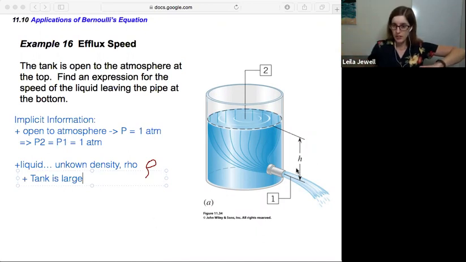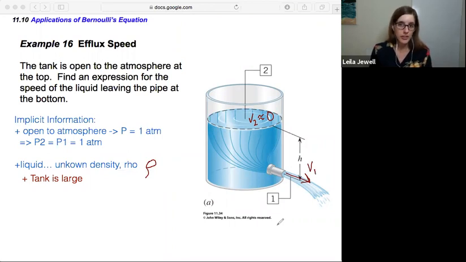Assuming this opening is not very big, which it doesn't look very big compared to that, that water level is going to take a long time to go. So the short and sweet part of what we're supposed to conclude from that is that v, the speed at point 2, is approximately equal to 0 compared to the speed at point 1, which is much higher.